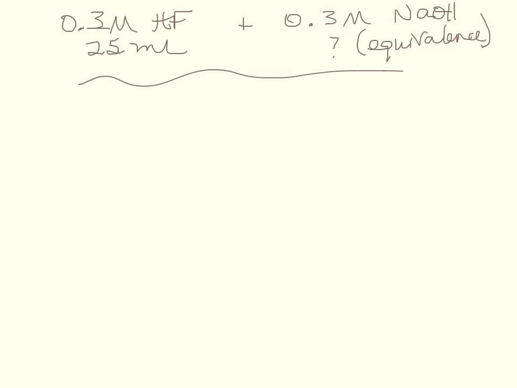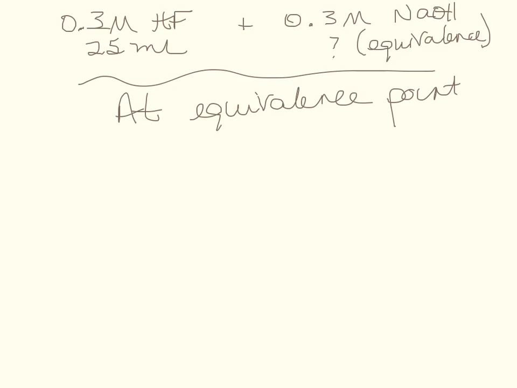Okay, so at the equivalence point of any titration, the following formula can be used. We went over this at the beginning of the unit, but it feels like forever ago now. And so that equation is this. I love this equation. It just saves, I think, quite a bit of effort.